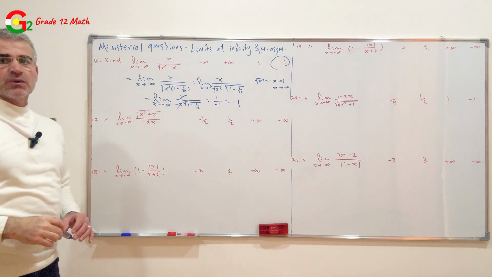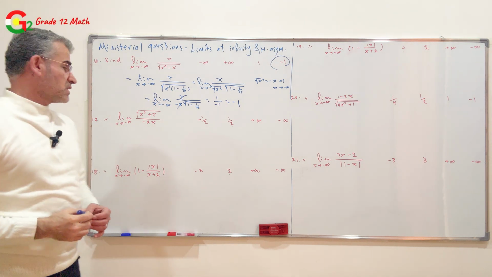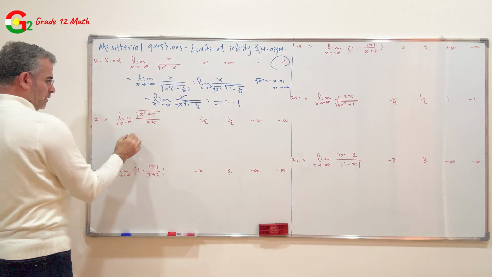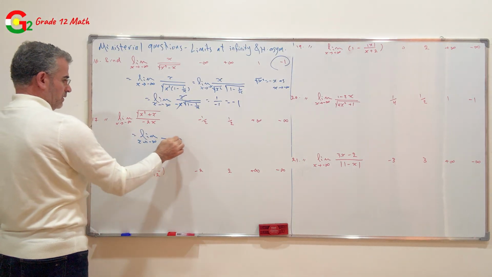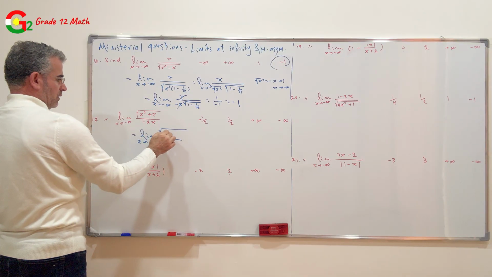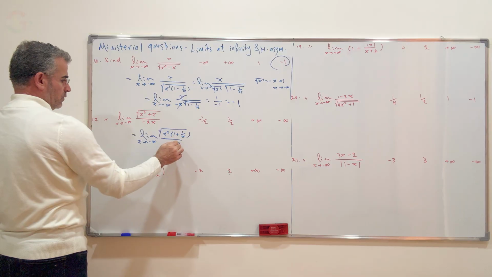Find the limit as x approaches negative infinity of the square root of x² plus x over negative 2x, which equals the limit as x approaches negative infinity, factoring x², of the square root of x² times the square root of 1 plus 1 over x, over negative 2x.